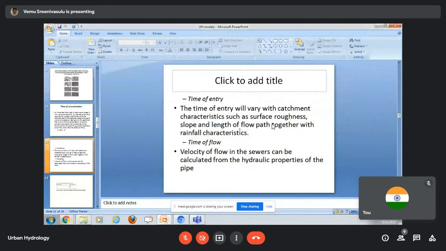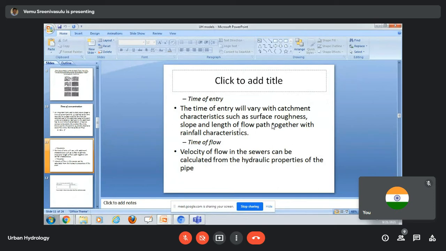So what is the time of entry? Time of entry varies with catchment characteristics such as surface roughness, slope, and length of flow path, together with rainfall characteristics. Intensity means, for example, 2 centimeters per hour or 4 centimeters per hour. If the intensity is very low, say 1 mm per hour, whatever rain falls will go as infiltration.